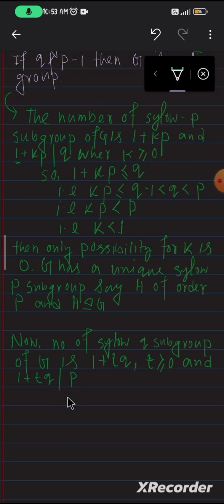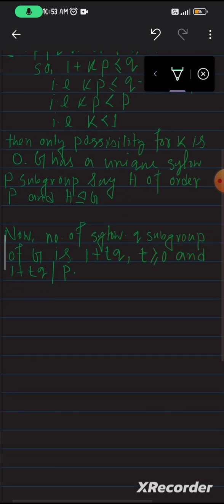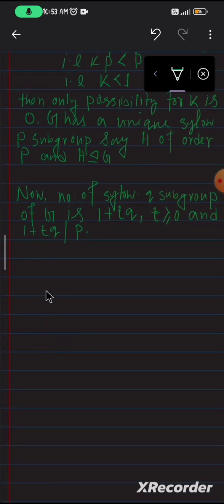So 1 plus TQ divides P. Now, since P is prime, 1 plus TQ equals 1 or P, right?